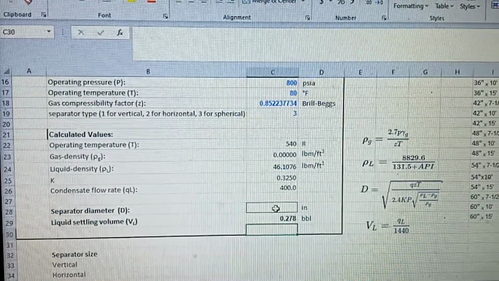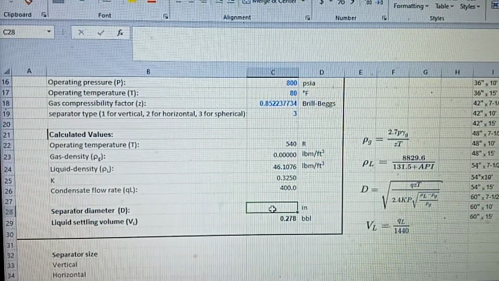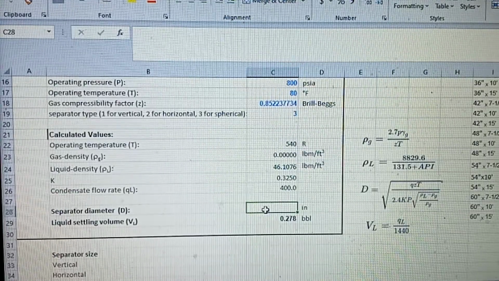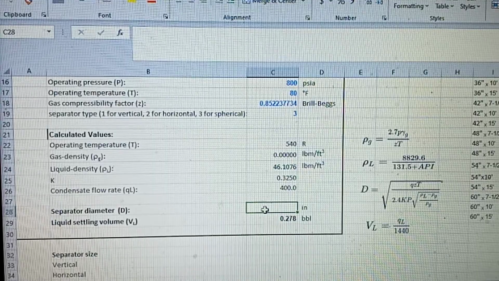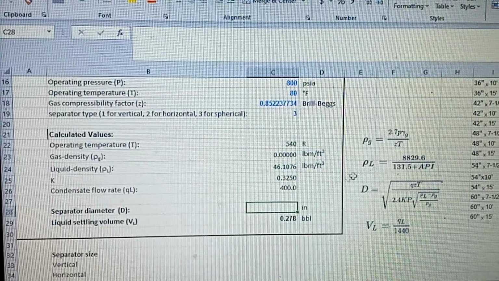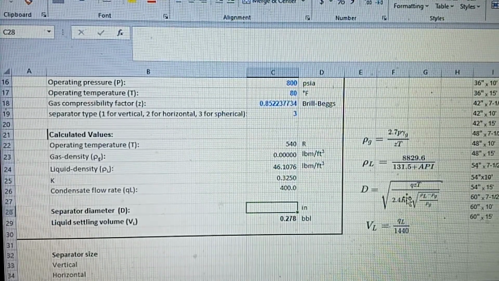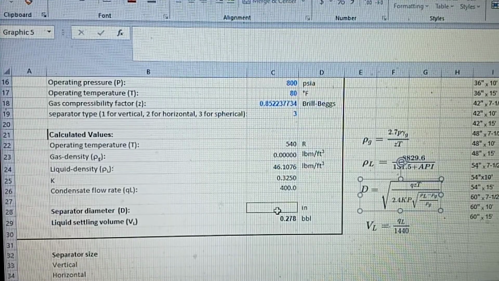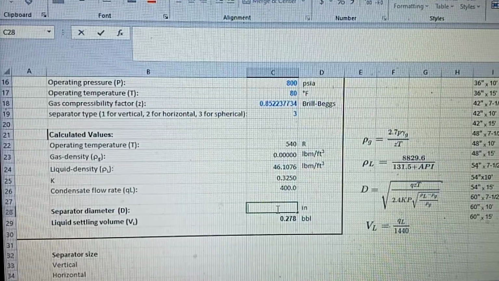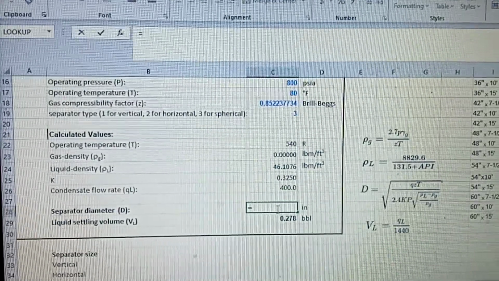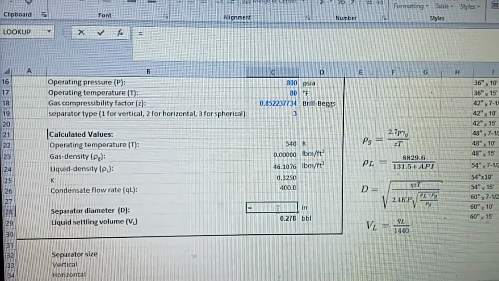Now let's calculate the D. That's the major thing there. We calculate the D based on the gas capacity. Just remember that. The formula for D is given here. So let's follow the formula. Equals. So everything is square root. So I'm going to do SQRT.